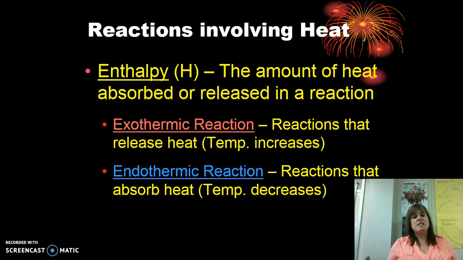Because they're absorbing heat from the environment, the temperature of the environment goes down. And we actually saw that in that lab we did. So exothermic, temperature goes up because heat is released. Endothermic, temperature goes down because heat is absorbed.